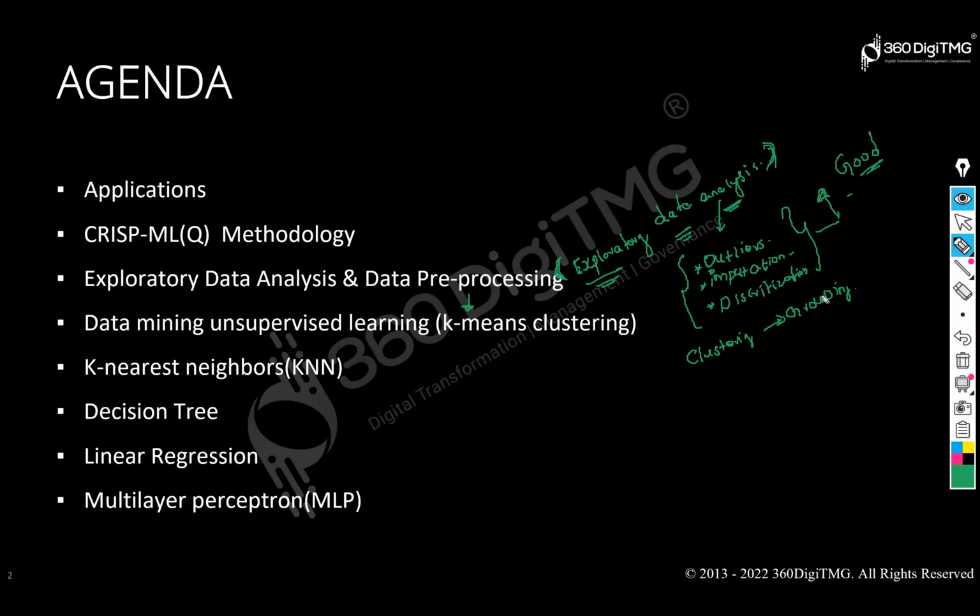When we receive data from any data source, whatever the data source can be, the data will be heterogeneous. What is heterogeneous? A mixture of all the things will be there in that data.